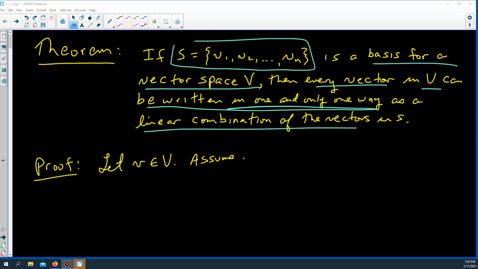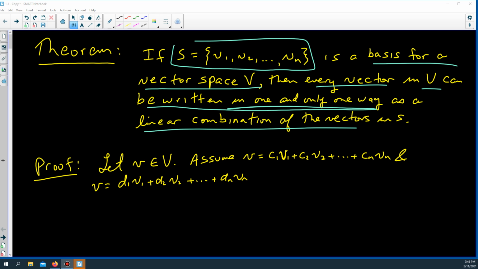Assume v is equal to c1 v1 plus c2 v2 all the way down to cn vn, and v is equal to d1 v1 plus d2 v2 all the way down to dn vn.